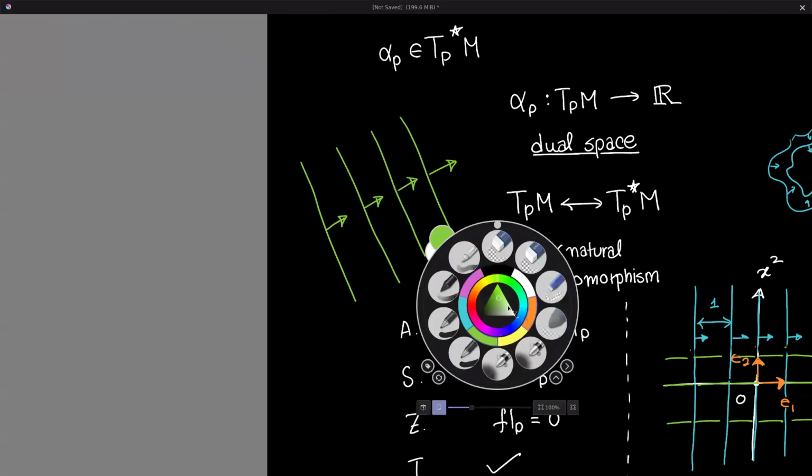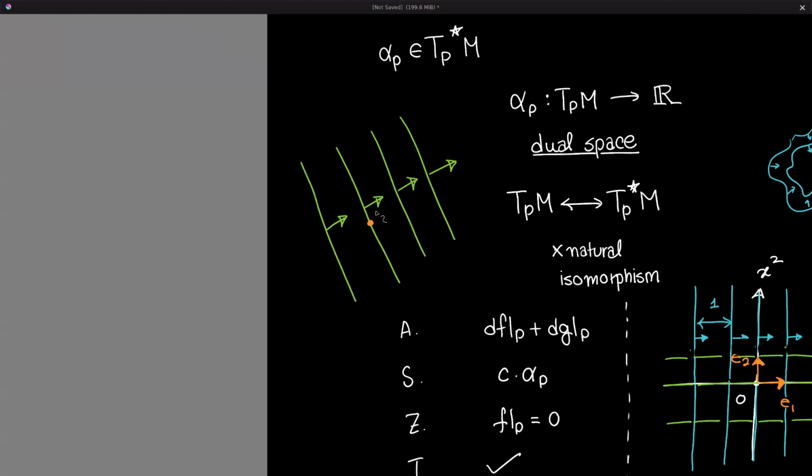Let's say I have a vector, and this is the origin point of that vector. What the covector tells us, in a geometric sense, will be different for different use cases.